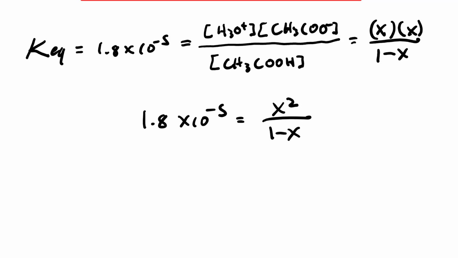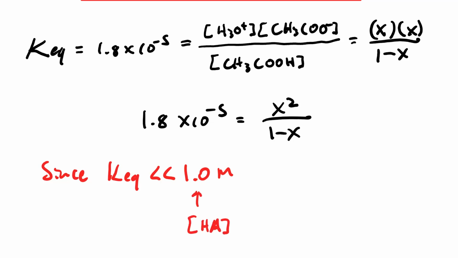So we could make that into a quadratic, or we could do a shortcut, and we could recognize that since the Keq is much less than the initial concentration, right?